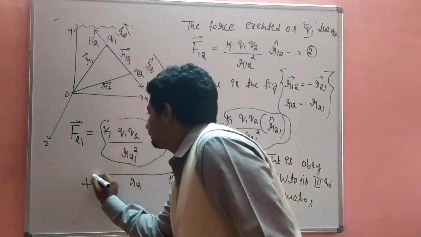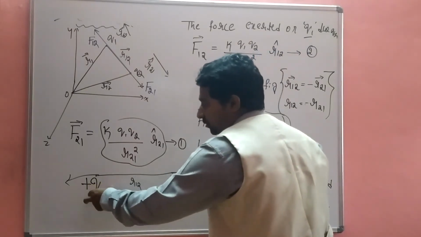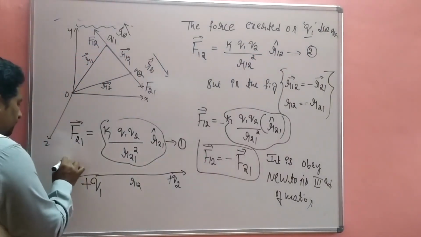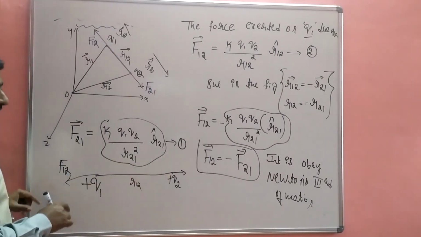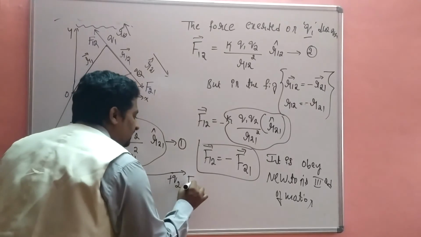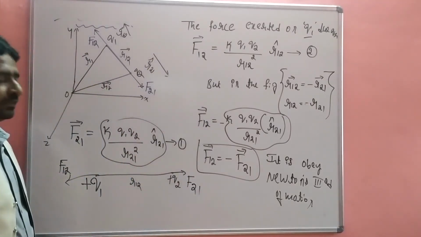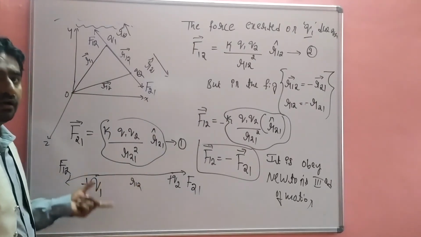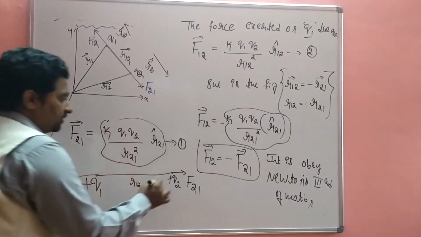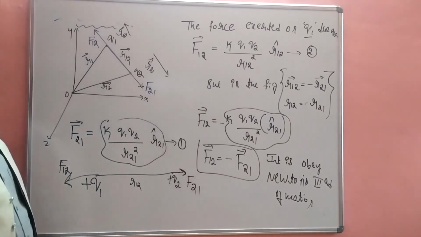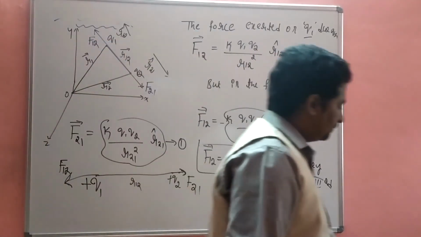Then how much force is exerted on the Q1 charge due to the Q2? The same amount of force is exerted on Q2 due to the Q1. This is Newton's third law, but in the opposite direction. This direction is this, and this direction is this. So this is part of Newton's third law of motion.